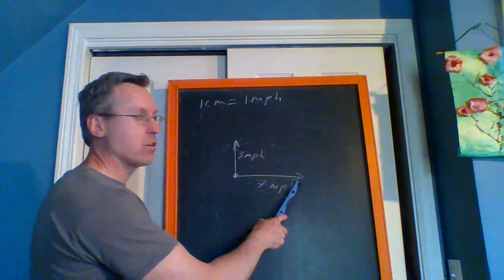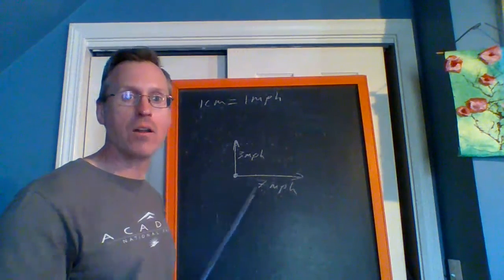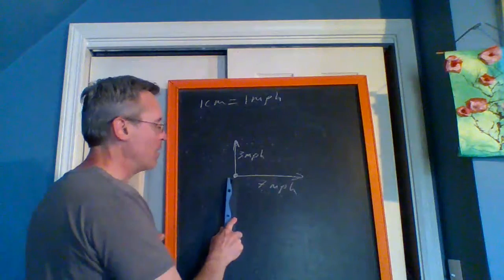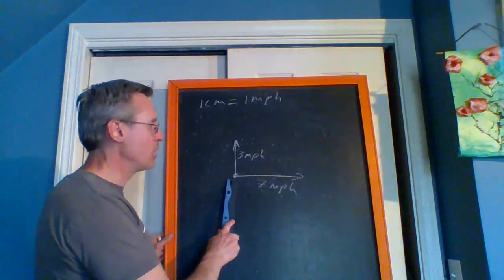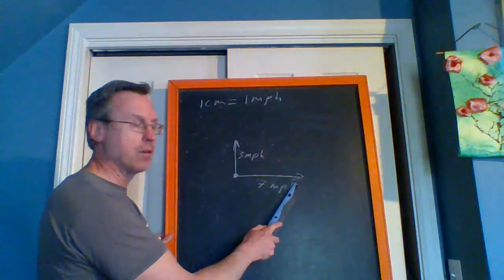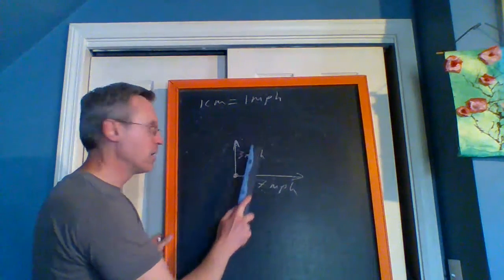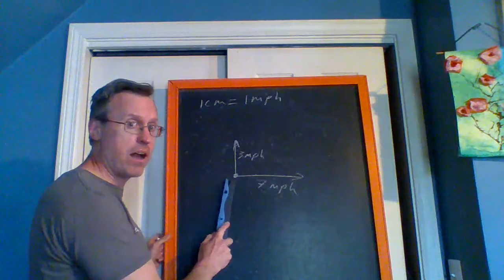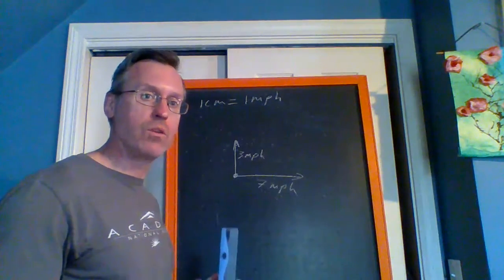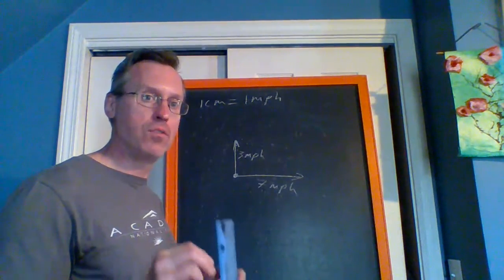The arrow part is called the tip. Write that down, tip. The back part, the opposite part, is called the tail. Tip, tail, tip, tail. The way we add vectors is we add them tip to tail.